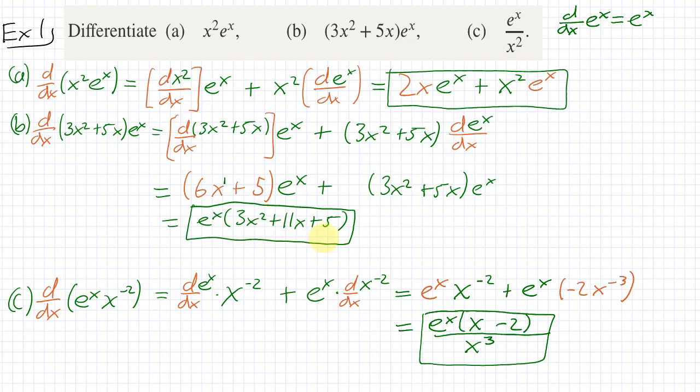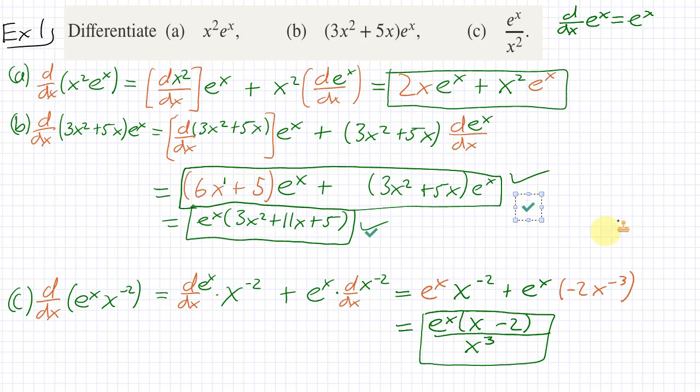You can combine like terms if you want, and leave the e to the x factored out. It doesn't really matter to me which way you write it. By the way, I'm happy with answers that look like this one or that look like this one. You can get an official check mark for that. But I like to simplify things just so I can check that everybody's getting the same answer.